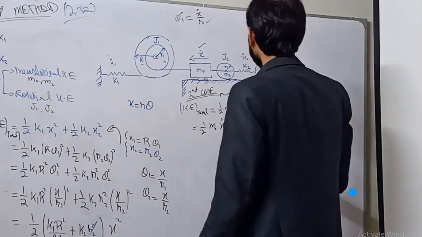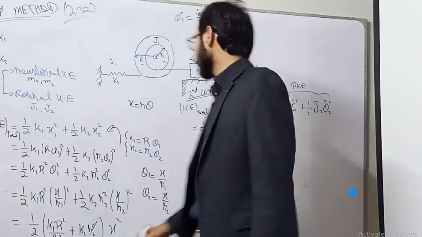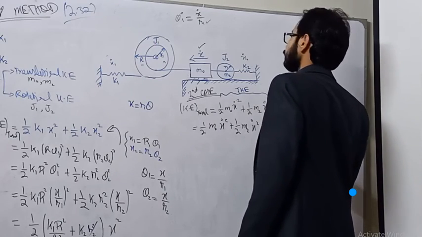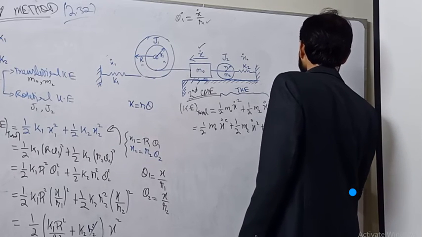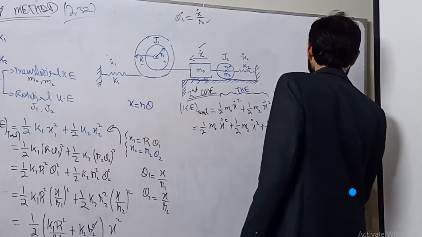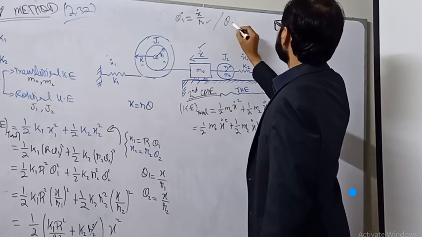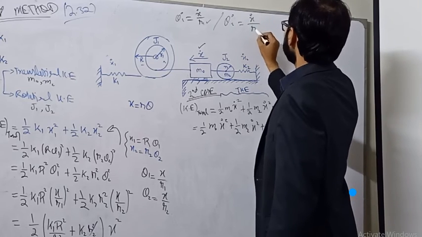You are already familiar with it from the concepts of dynamics of machinery. So half J1 times x naught over r1, whole term squared, plus half J2. Also, we know that theta 2 naught will be equal to x naught over r2.